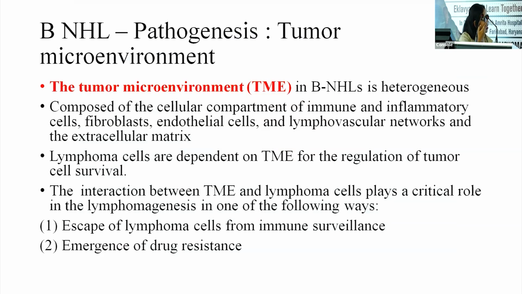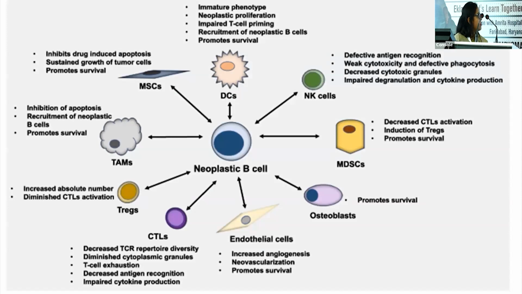A very important aspect of lymphoma pathogenesis is the tumor microenvironment. Why the tumor microenvironment? It plays a very critical role because it facilitates the escape of lymphoma cells from immune surveillance, and this is very relevant. The tumor microenvironment is very heterogeneous.